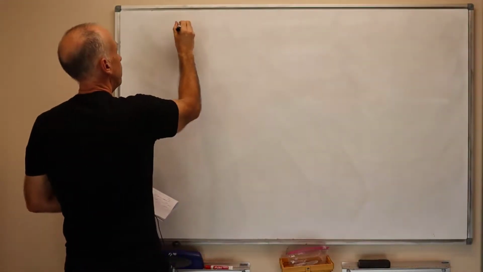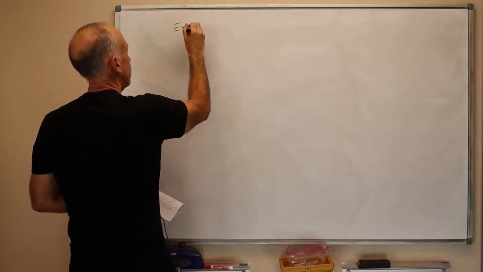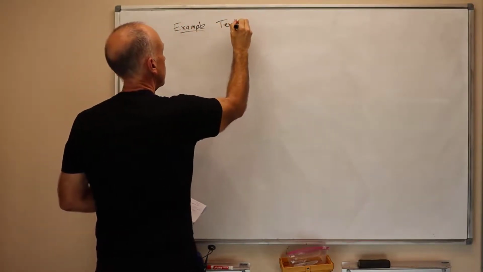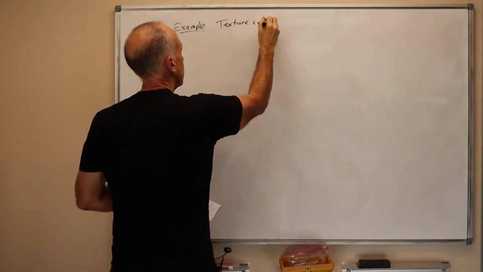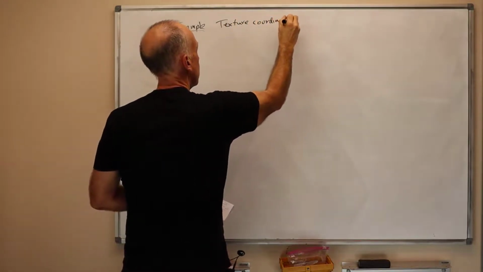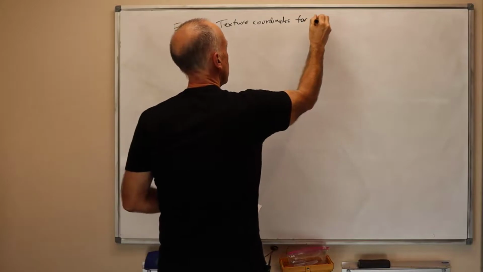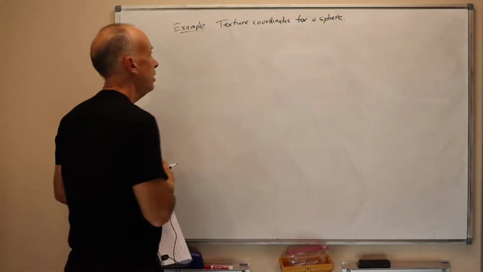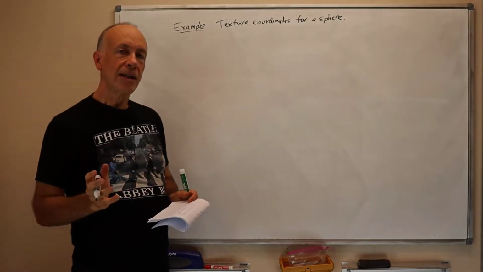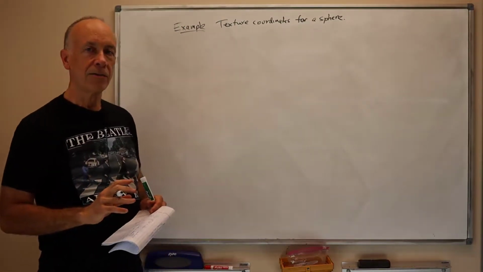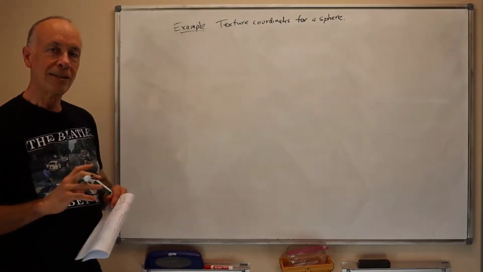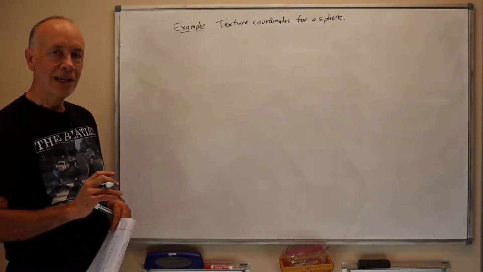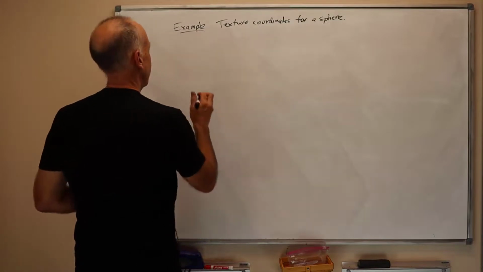As a final example, I want to use texture coordinates for a sphere. So here we're going to be thinking of assigning a single rectangular texture map onto the surface of a sphere. A surface of a sphere being round, you have to have some points where you don't get smooth assignment of points.